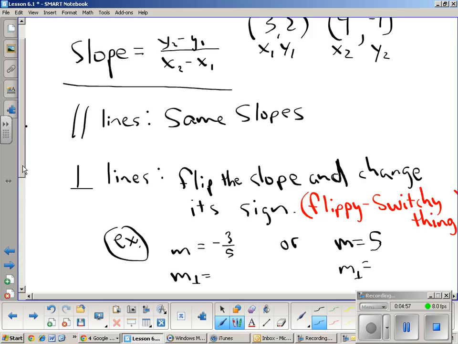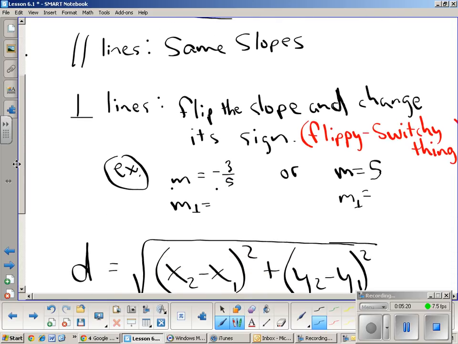For example, if I had a slope, which is represented by m here, of negative 3/5, what would be its perpendicular slope? Okay, so I flip it, and I switch it.